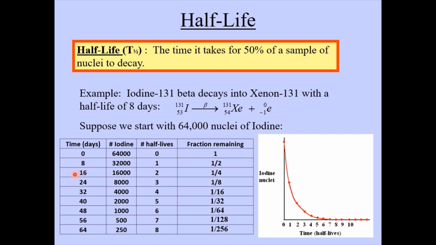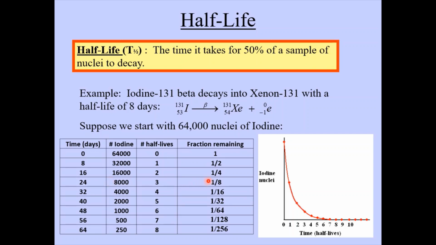After 16 days, now we've undergone another half-life, so that 32,000 gets cut in half to 16,000. So at 2 half-lives, we're at half of 1/2, which is 1/4 of the remaining amount. Okay, 1/4 of what we started with is left. After 24 days, or that's 3 half-lives, this 16,000 gets cut in half to 8,000.